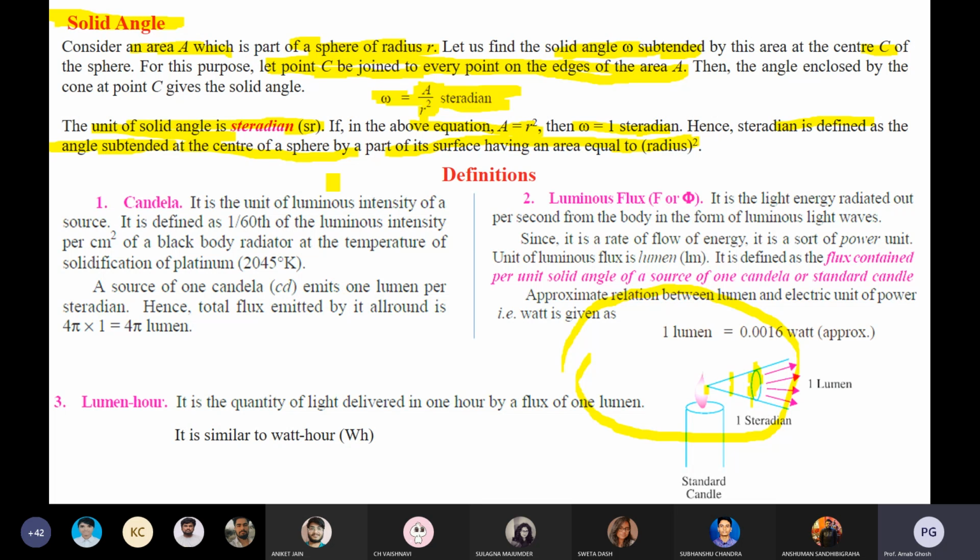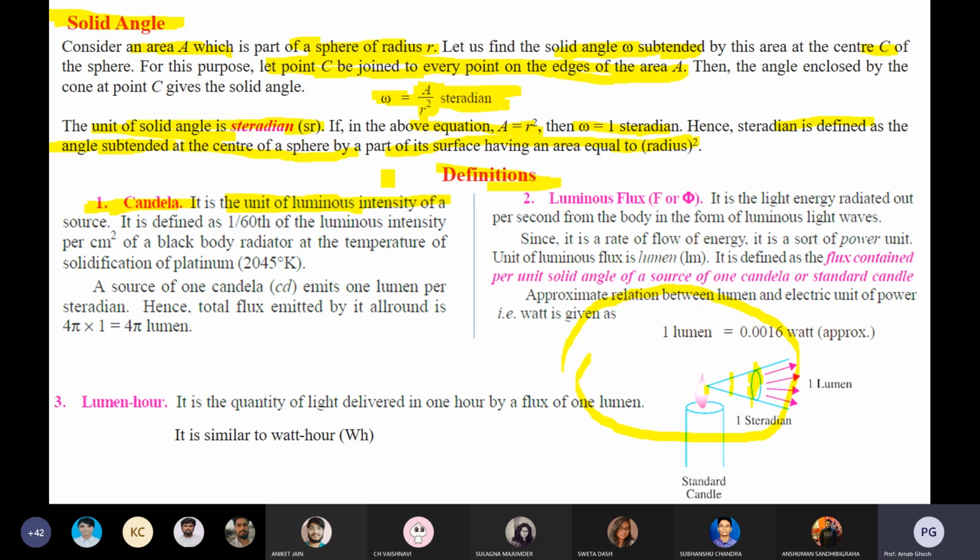Now, important definitions. The first one is candela. What is candela? It is a unit of luminous intensity of a source. You know the flux intensity. Candela is the luminous intensity of a source.